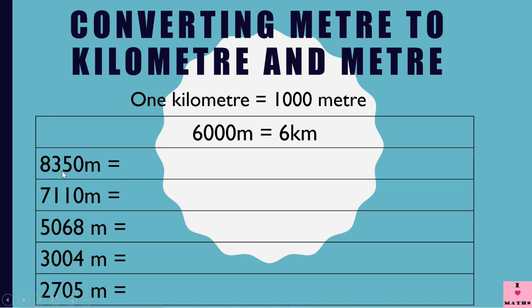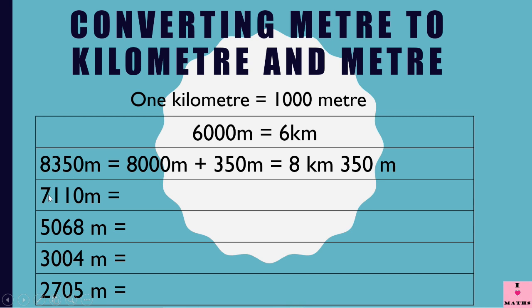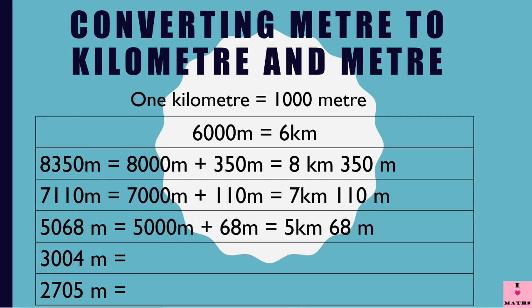So this will be 8 kilometer 350 meter. 7110 meters. In this we have 7000 meters and 110 meters. Now 7000 meters is 7 kilometer and 110 meters.